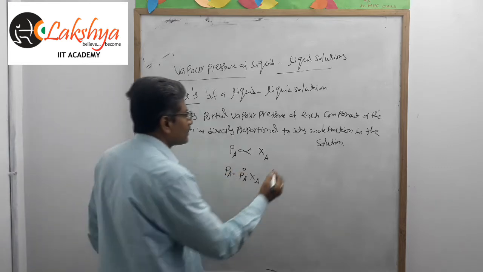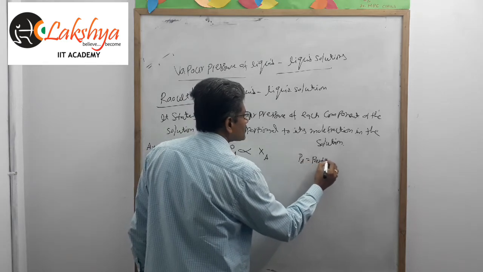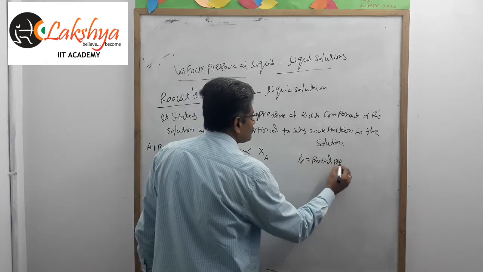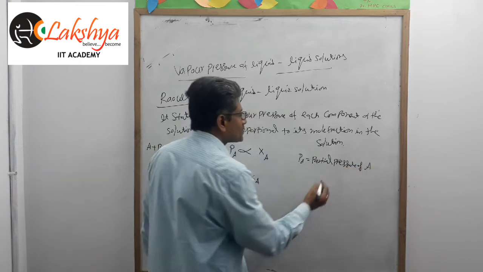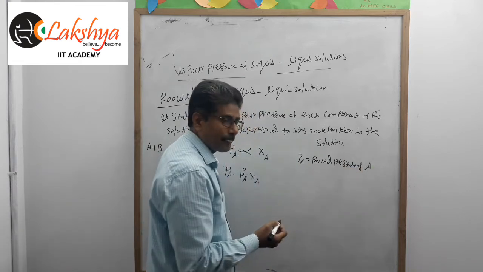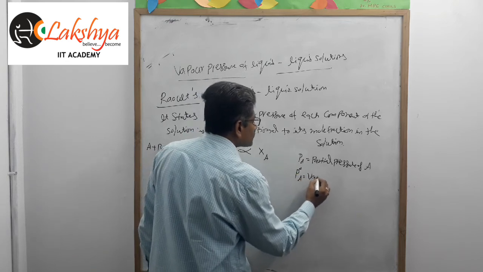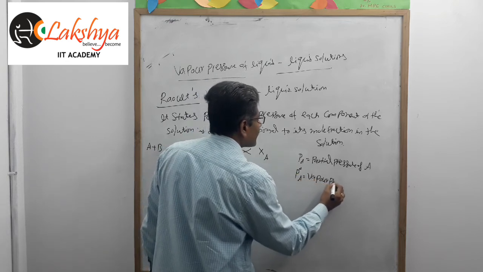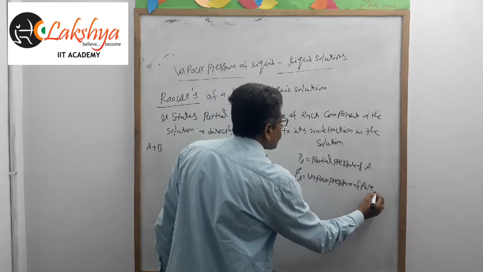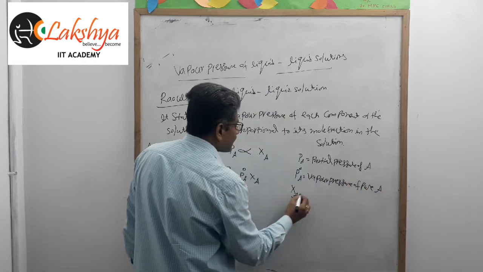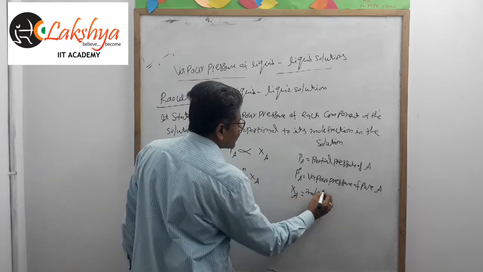I am writing here: PA is equal to the partial pressure of A, P naught A is the vapor pressure of pure A, and XA is equal to the mole fraction of A in the solution.